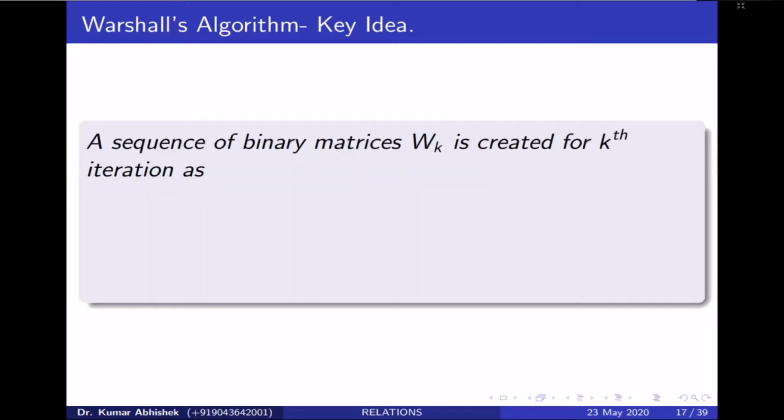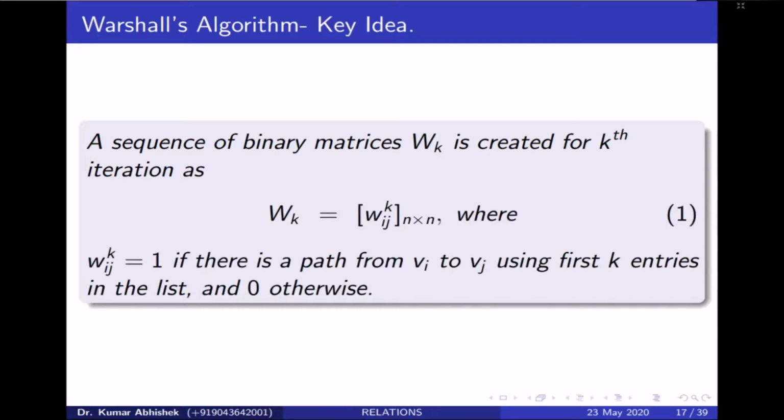So using this we define a sequence of binary matrices Wk at the kth iteration, where the elements of Wk are defined by Wij raised to k, where Wij raised to k is equal to 1 if there is a path from Vi to Vj using the first k entries in the list and 0 otherwise.